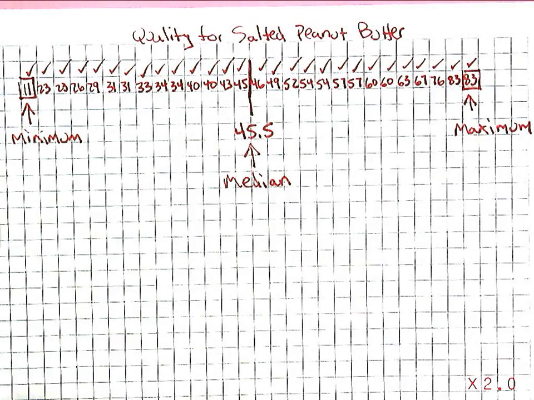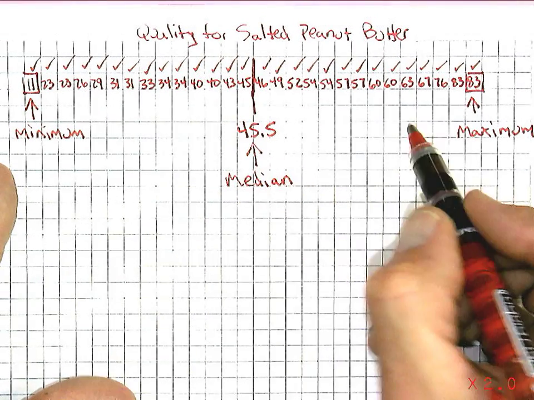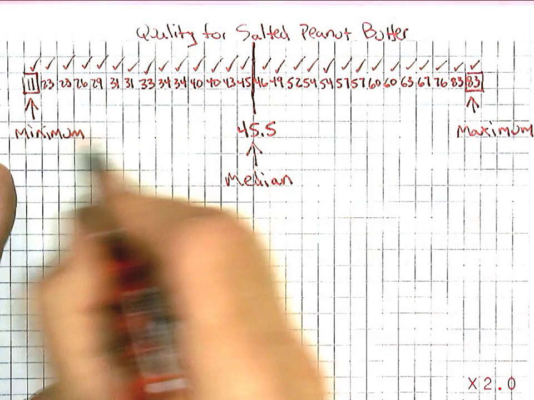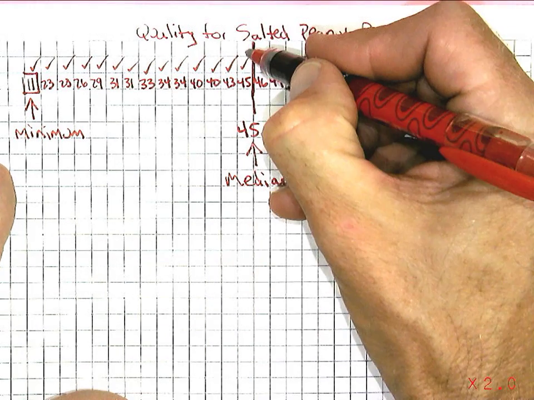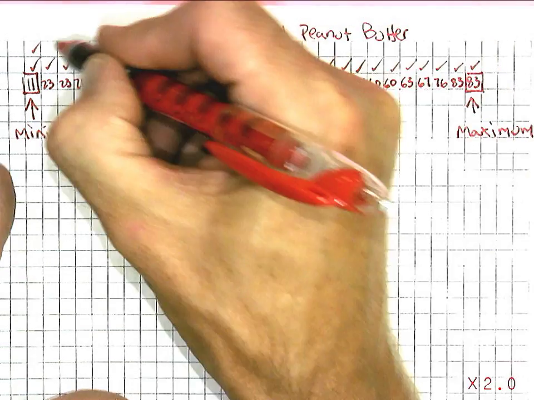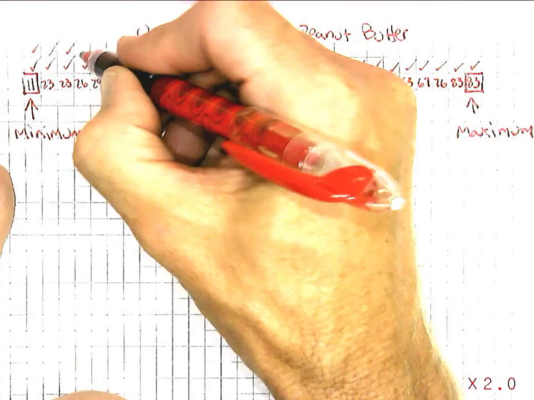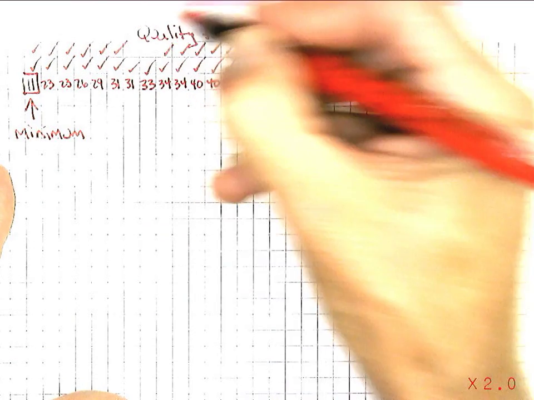And so once we found the middle, the median, then we want to find the middle of the bottom and the middle of the top. So again, I'm going to think of this as the middle dividing line between the lower half of the data and the upper half of the data. So I'm going to go ahead and again work my way to the middle, 1 on each side, 2 on each side, 3, 4, 5, 6.